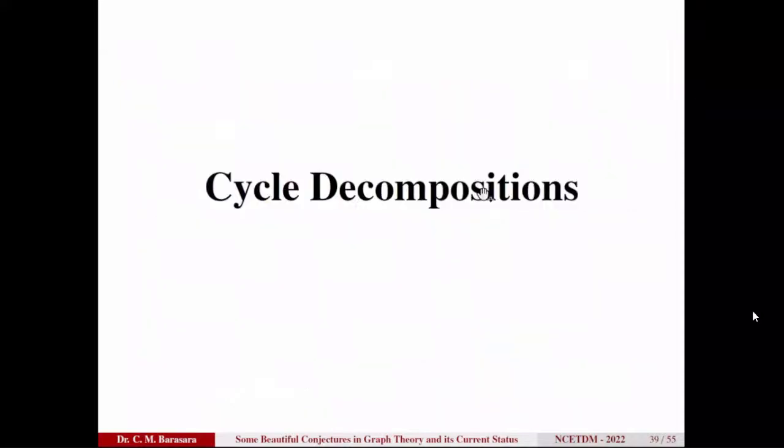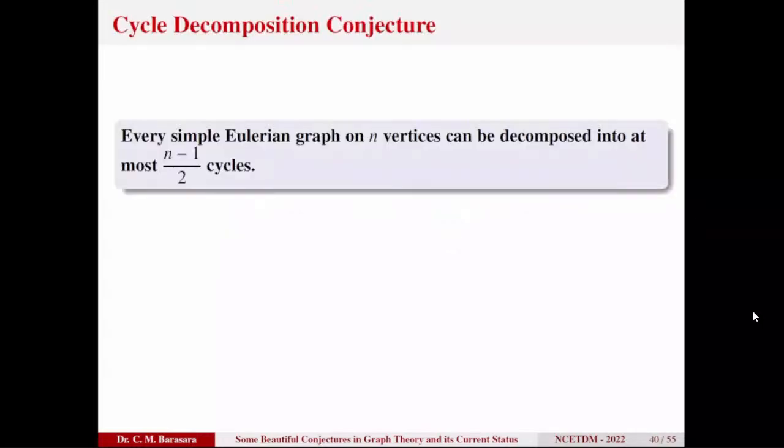A similar conjecture has been defined for cycle decomposition. The conjecture states that every simple Eulerian graph on n vertices can be decomposed into at most (n-1)/2 cycles. There we required (n+1)/2 paths, and here we have at most (n-1)/2 cycles.